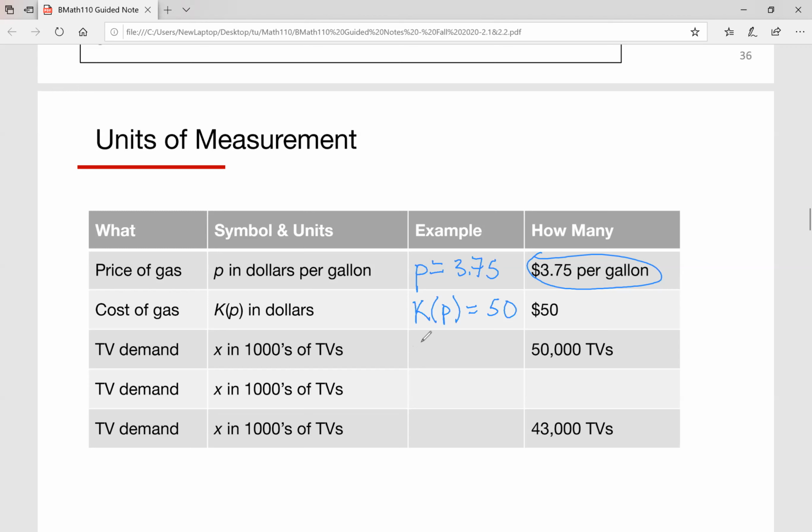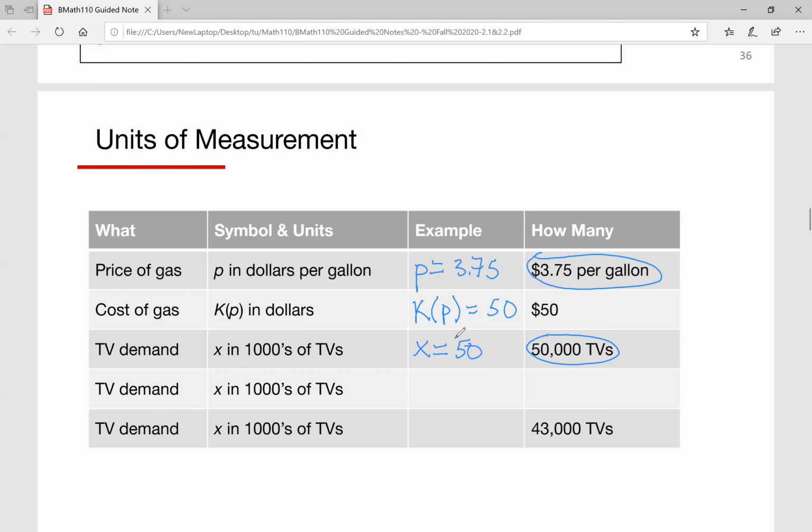So I say x here, I saw that it is 50,000. So remember that x is in 1,000 units. So I'm gonna say x is gonna equal 50, right?